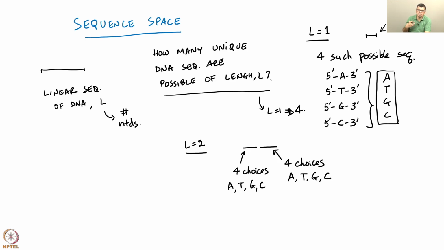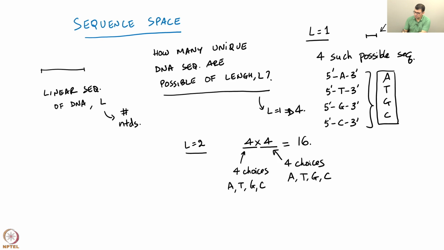Remember, our nucleotide sequences are billions of bases long, but they are only comprised of these same 4 bases, ATGC. So, there are 4 choices here and 4 choices here, and the total number of sequences that you could build is 16.